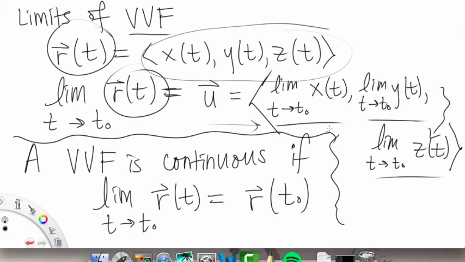A lot of this stuff is going to work the same way as the calculus that you already previously learned. Now we're just adding vector notation to things. The next thing is differentiability. That's quite a lengthy word.